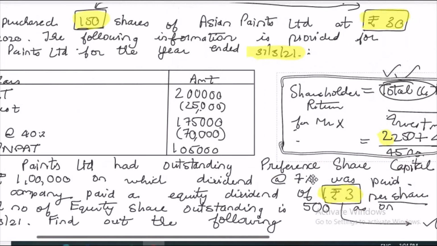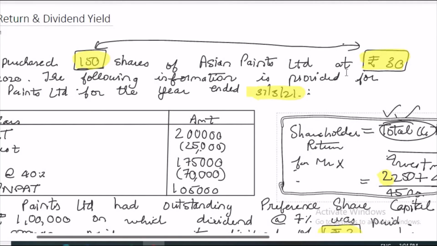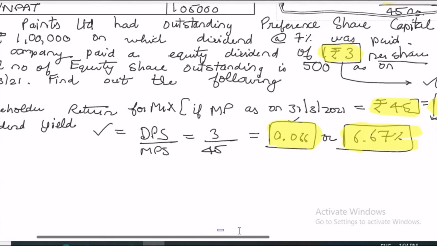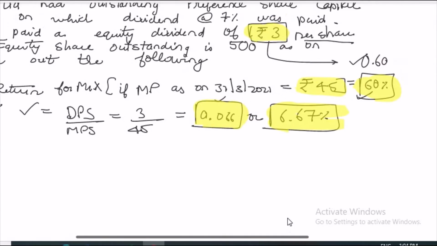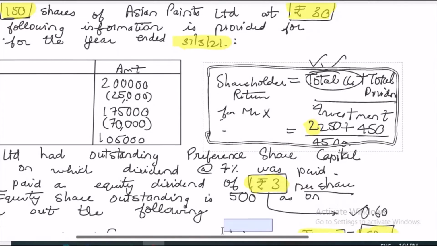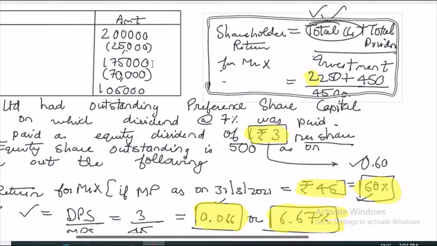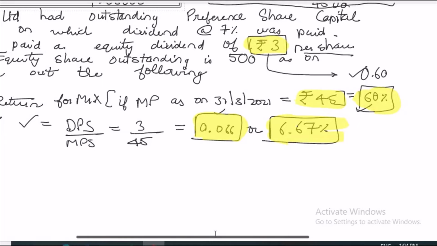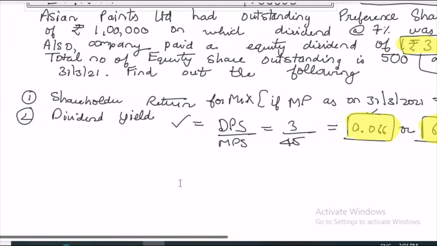As we have seen here, 150 shares into 30, this 4,500 is 150 into 30. As we can see, total investment came from the 7% and all. And we are going to learn the dividend yield.